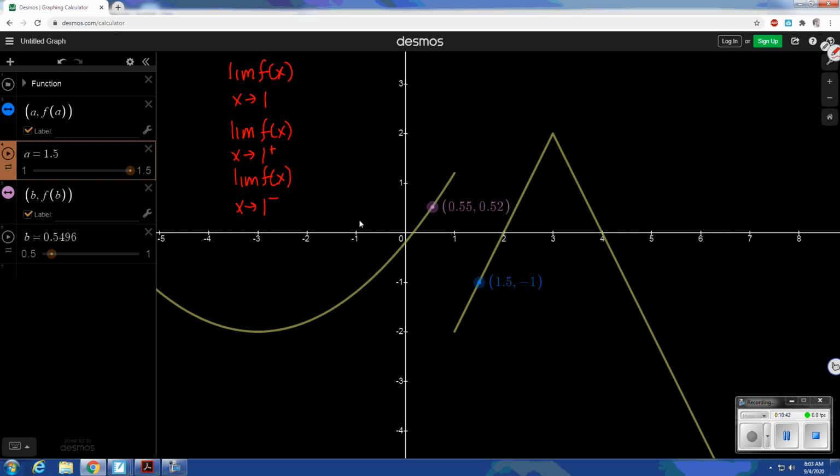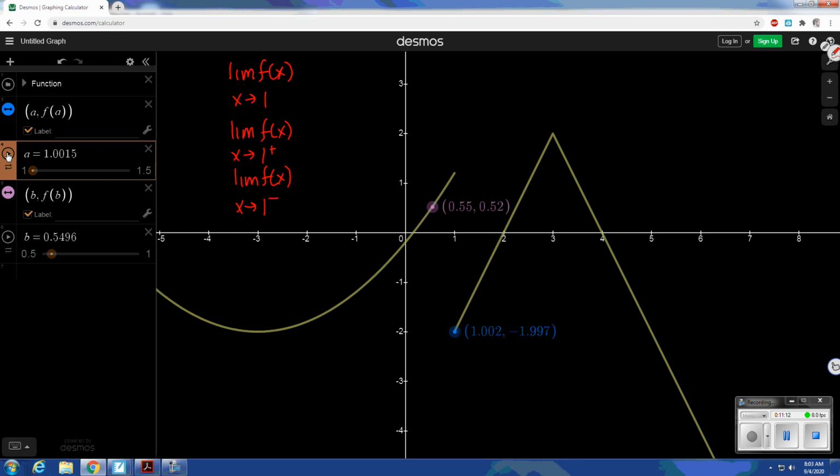So let's observe the limit of f of x as x approaches 1 from the right, so from the positive direction. That would be our blue point. As it approaches 1 from the right, moving left, let's animate that A. We can see as the x values are approaching 1, what do the y values approach? That looks like it's approaching 2.